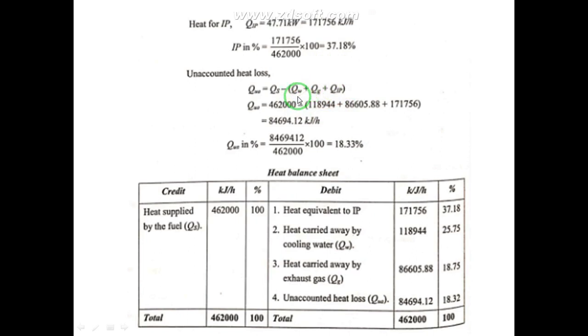From the subtraction we get 84,694.1812 kilojoule per hour. In this term we calculate the percentage: unaccounted losses are 18.33 percent.